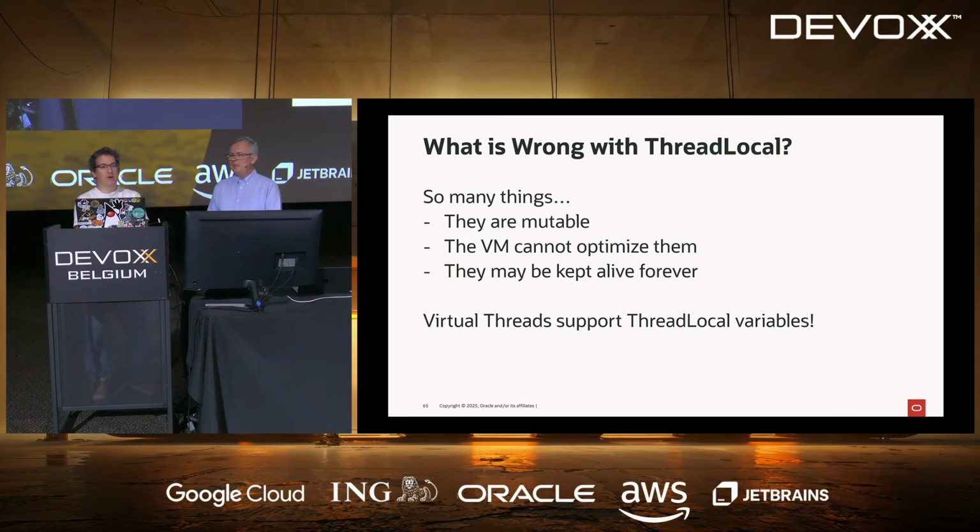Actually, using ThreadLocal is quite nice. So basically, the whole idea of ThreadLocal is to say, I don't have to send a parameter everywhere if I want to know my current user or something like this. I could put it in a ThreadLocal and get it when I need it, which is quite nice. The idea is nice.